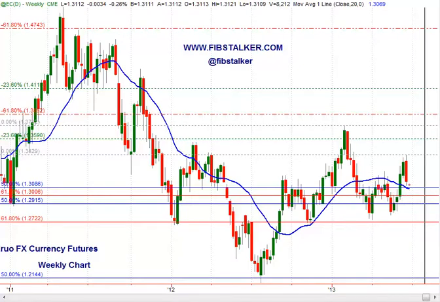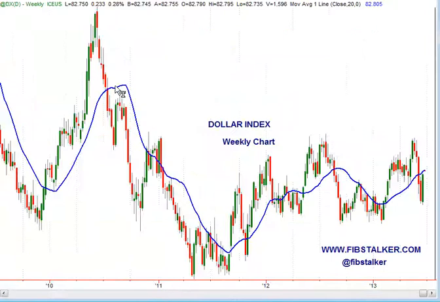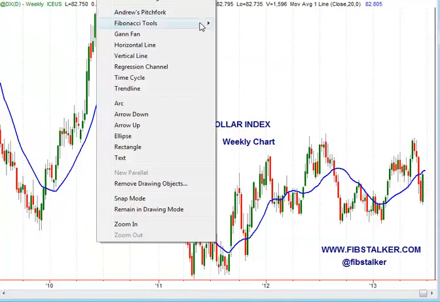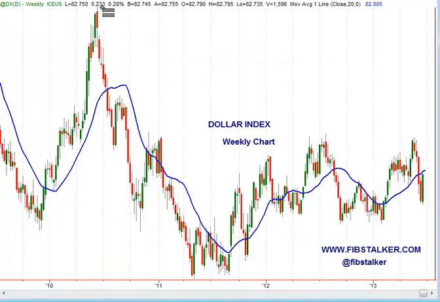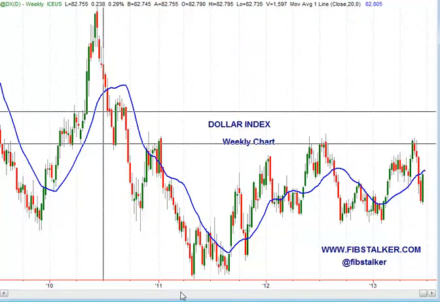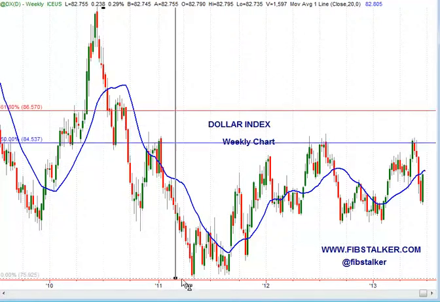Moving to the dollar index, I've been following this 80 level, which I still believe is the line in the sand for Bernanke, this 80.50.